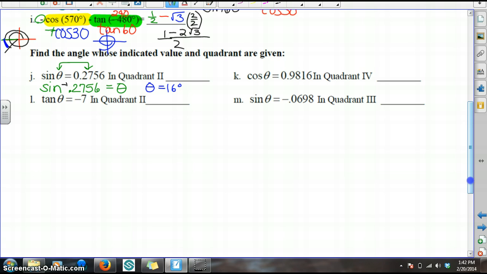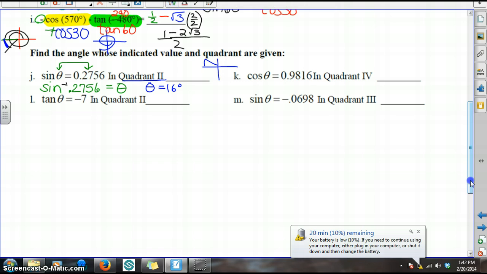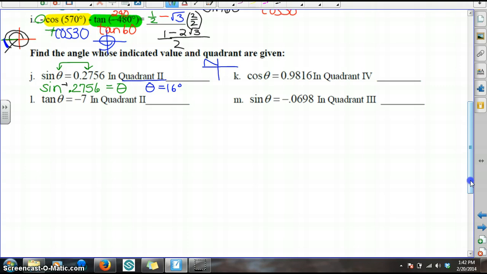But 16 is not an angle in quadrant 2. This is where life gets tricky. I now need to take that 16-degree angle and draw it in as a reference angle that happens to lie in a bow tie triangle in the second quadrant, meaning this angle right here will be 16.